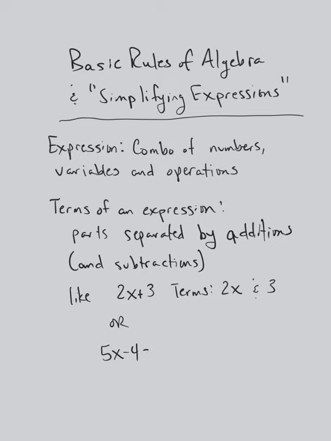There's some negativity associated with that. So remember that we can think about that as being 5x, I add the opposite, so plus negative 4. And so then the terms in that expression are 5x and negative 4.